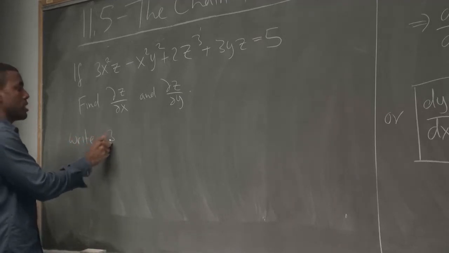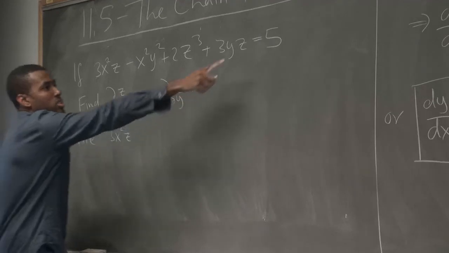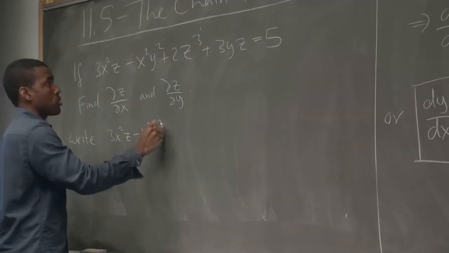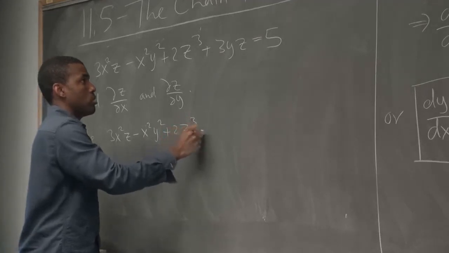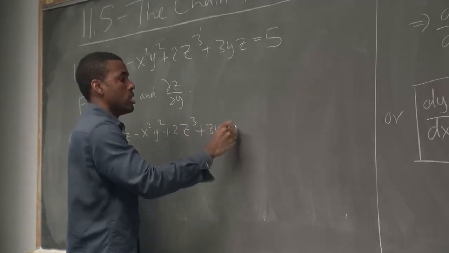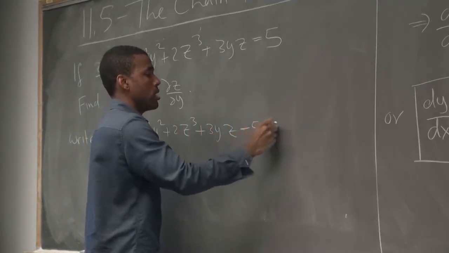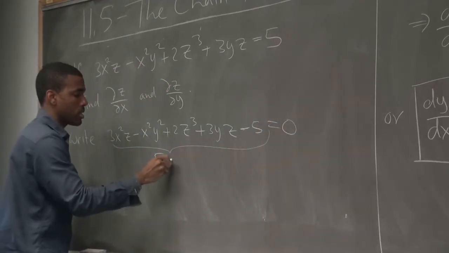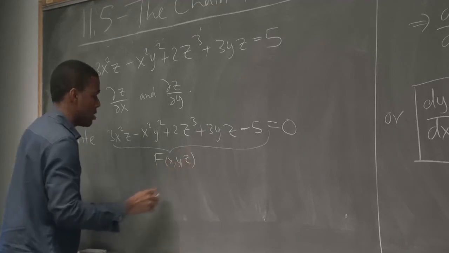So here you can just write this as 3x squared z, or you can notice there's a constant over here, you just bring it over, it's not going to matter. 3x squared z minus x squared y squared plus 2z cubed plus 3yz minus 5 equals 0. Take this as your f of x, y, z.